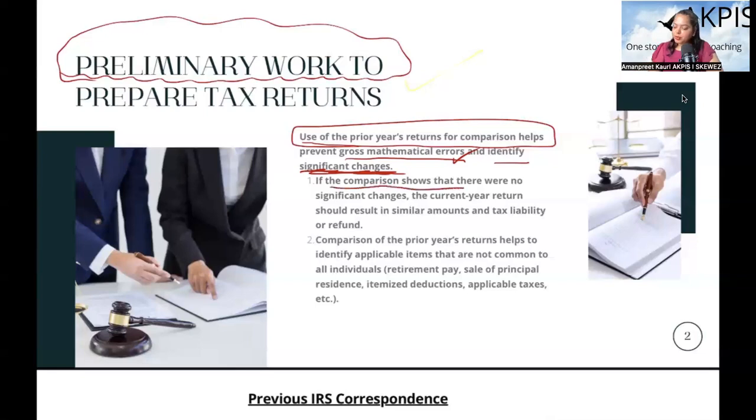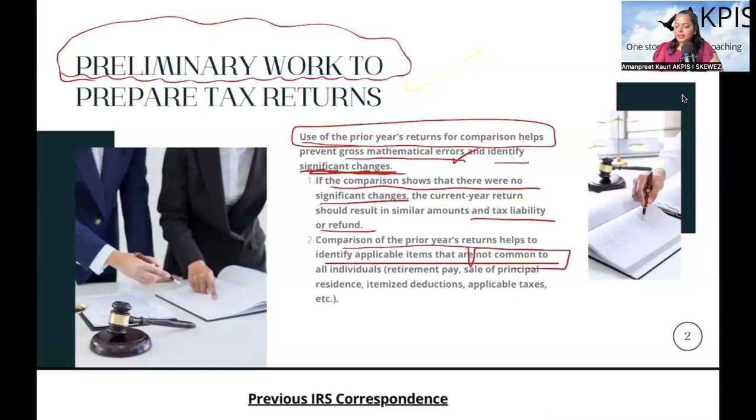If the comparison shows that there were no significant changes when you compare the current year return with the previous year, so that means the amount of tax liability or the refund, if any, will be similar. But the comparison of the prior year returns also helps to identify the non-common items. Which items? Non-common items.